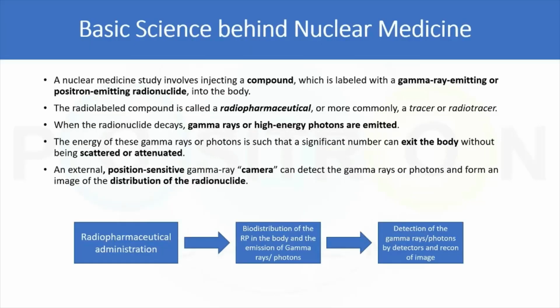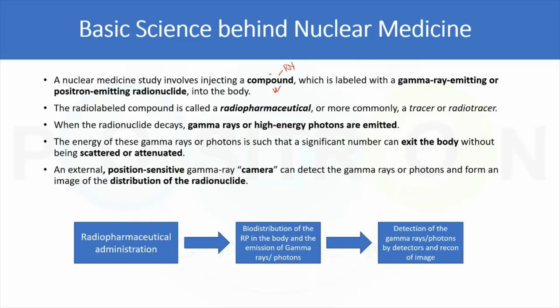Let us discuss the basic science behind nuclear medicine. So a nuclear medicine study involves injecting a compound, and this compound is labeled with a radionuclide which decays by emitting gamma rays or a positron in the body.